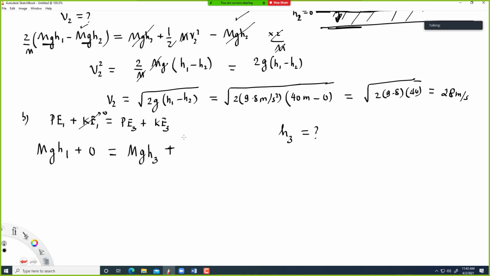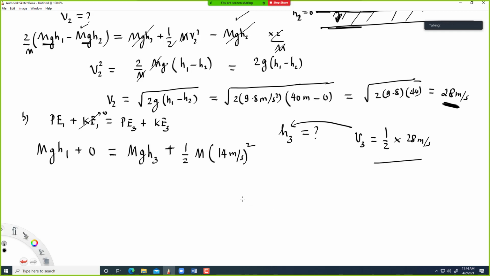It says at what height will it have half this speed? So 1/2 m, the speed at h3 would be half of that, which is 14 meters per second. Okay. So here at this point, speed is 1/2 that of 28 meters per second.